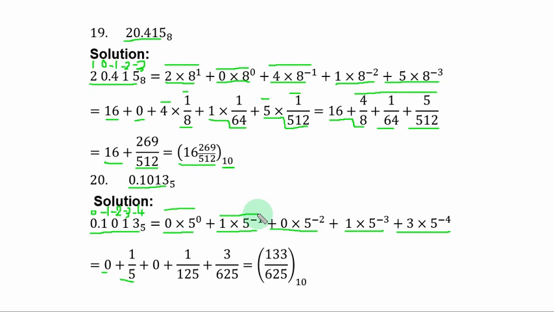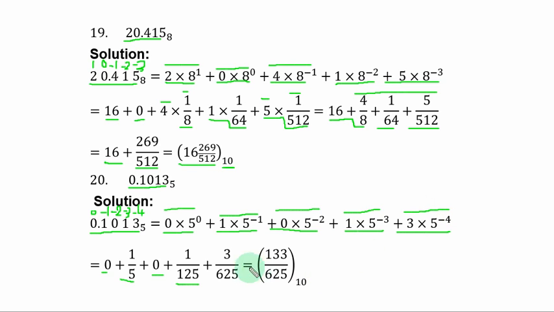So you have 1/5. This term is 0, that is what you have here. You express this as 1 times 1/5 to the power of 3, and that is 1/125. That is what you have here. You express this as 3 times 1/5 to the power of 4.